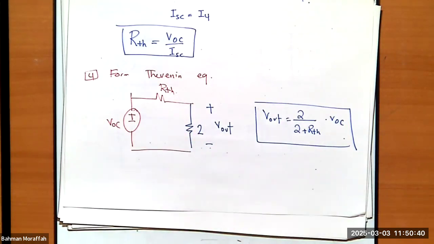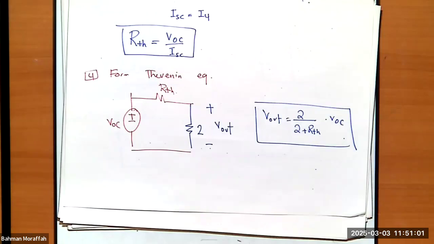What is the value of the resistor for the equivalent? Should be the same, right? If you remember when we were doing Thevenin and Norton, the third step was finding R-Thevenin, and we said R-Thevenin for both the Thevenin equivalent and the Norton equivalent is exactly the same, and that was the reason.